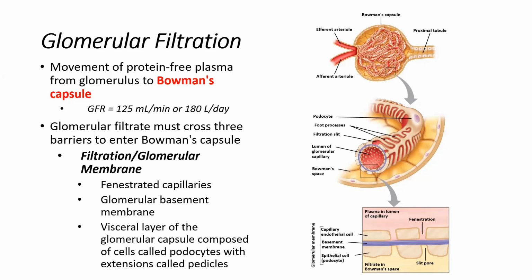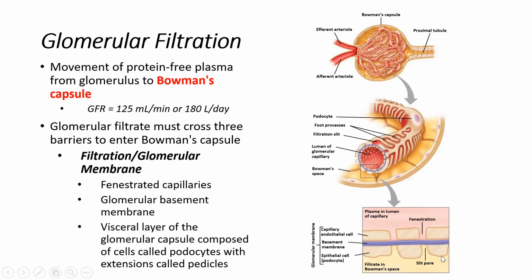So kind of like these little finger-like projections that have splits in between here. If you imagine your hand kind of grabbing onto a structure, the spaces in between your fingers are what these filtration slits are. And so it's just going to provide this opportunity for some substances to pass through the fenestrated capillaries and eventually through the filtration slits that are created by the foot processes of these podocytes, okay?